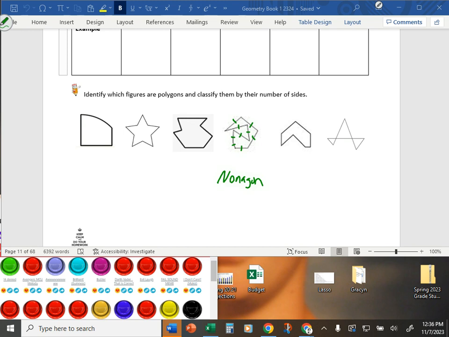So, in your book, your assignment for tomorrow, classifying: on page 44, you are to do 3 through 7. That's it.